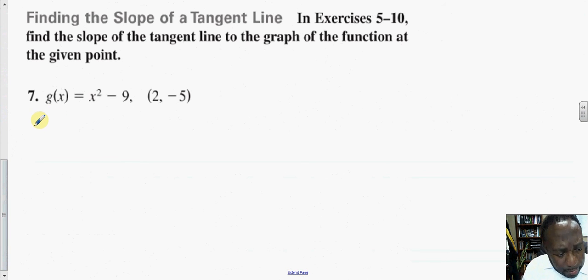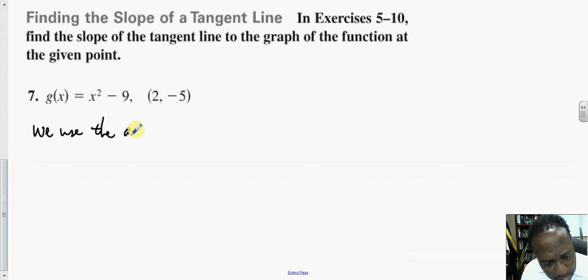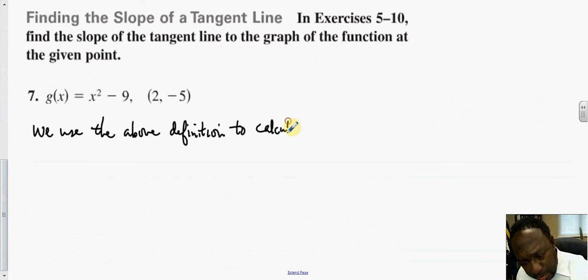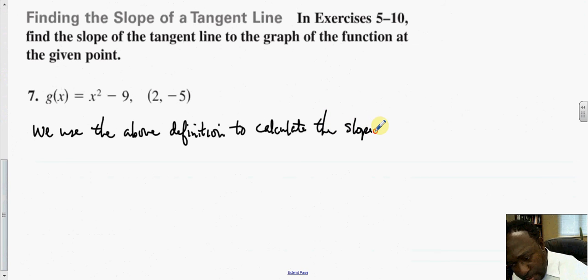So here we use the above definition to calculate the slope of the tangent.